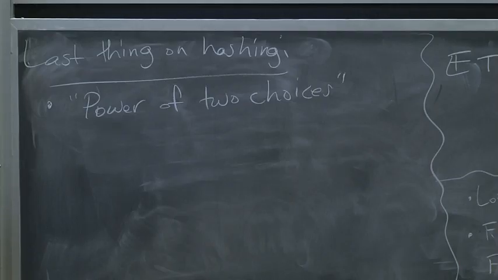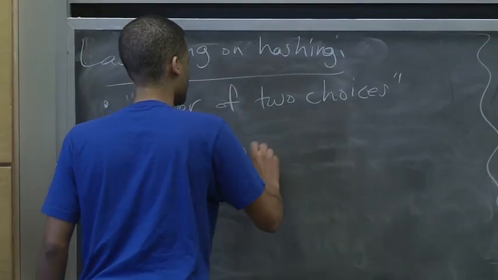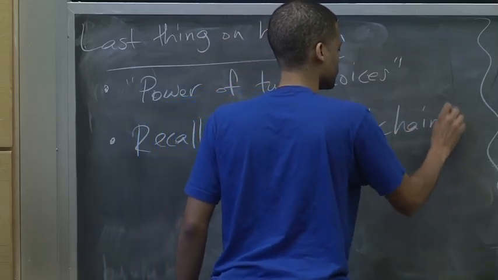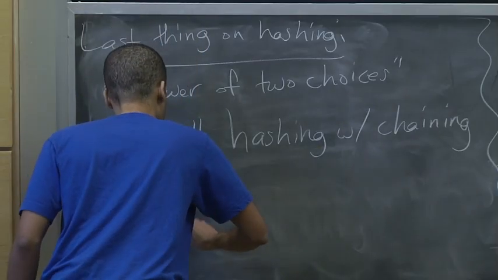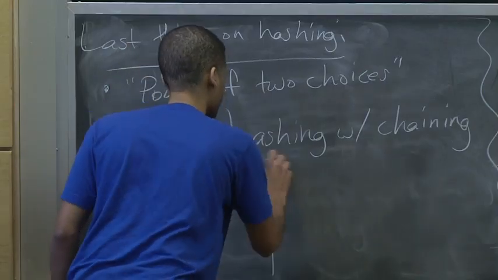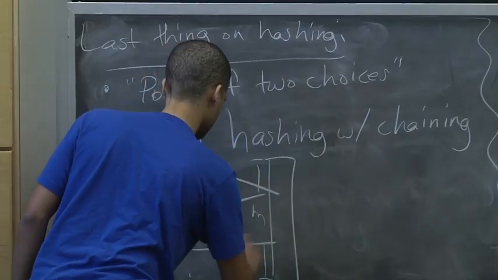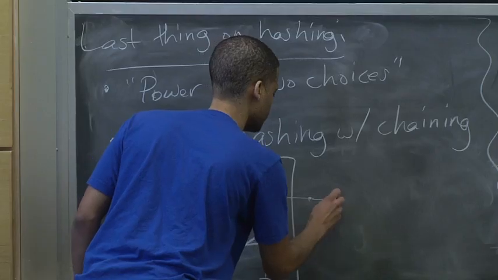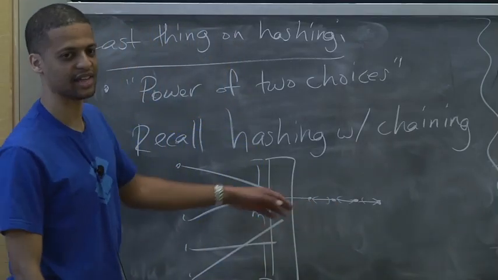Okay, and this is the basic idea. So recall hashing with chaining. Hopefully people remember what that is. We had a hash table. We had our n items, and they're hashing into this hash table of length m. And each element here is actually a pointer to a linked list, say some doubly linked list of items that hash to that cell.